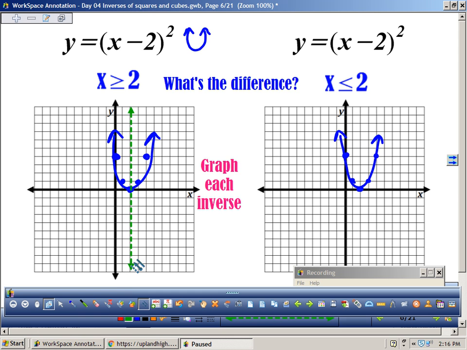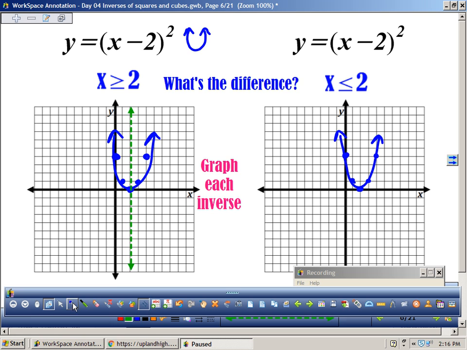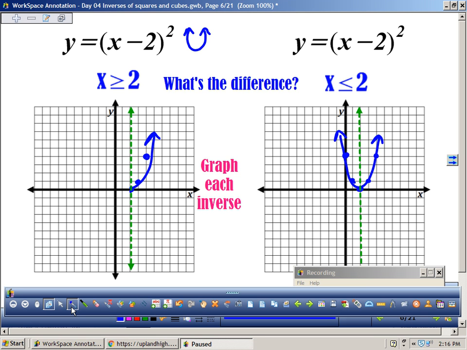So I only want the part of the graph that's greater than this line. So that's which side? The right side or the left side? The right side. Everything greater than 2 is the right side. And this one is everything less than 2, which is the negative side.